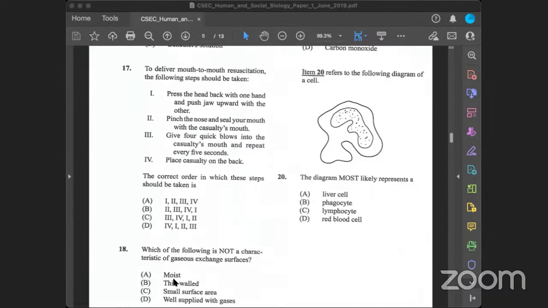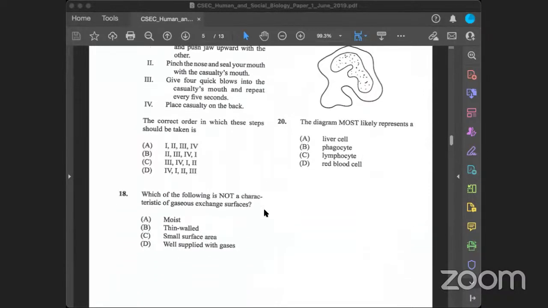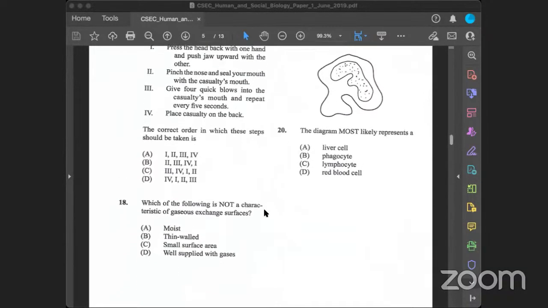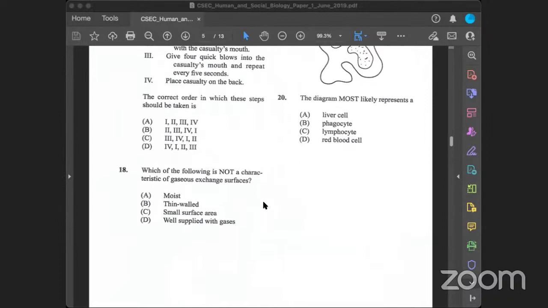Excuse me, sir. Do we still do mouth-to-mouth resuscitation? Well, if you're not in a hospital setting, you're going to do mouth-to-mouth resuscitation. So what happens if the person has some kind of respiratory tract infection?